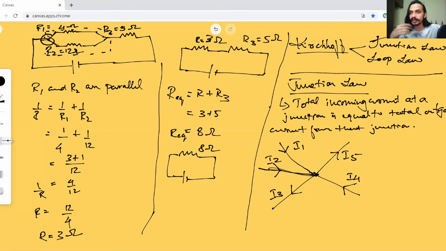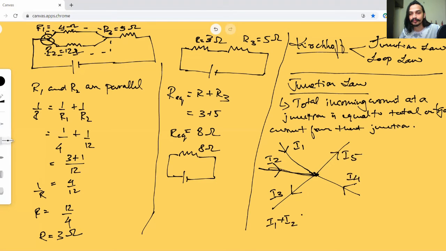So what is the total incoming current? What is the current coming towards the junction? You need to simply look at the arrows and tell this. I1 arrow is pointing towards the junction, so I1 is incoming. Even I2 is pointing towards the junction, so I2 is also incoming. I3, however, is going away from the junction.